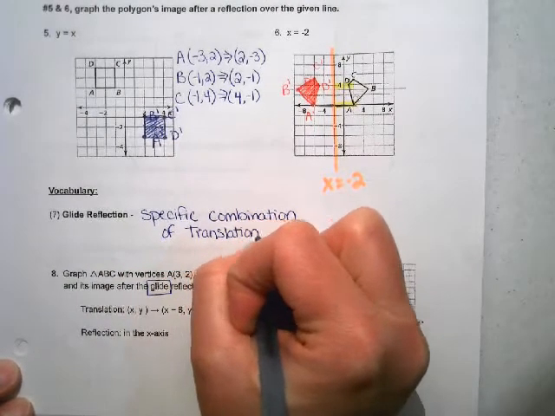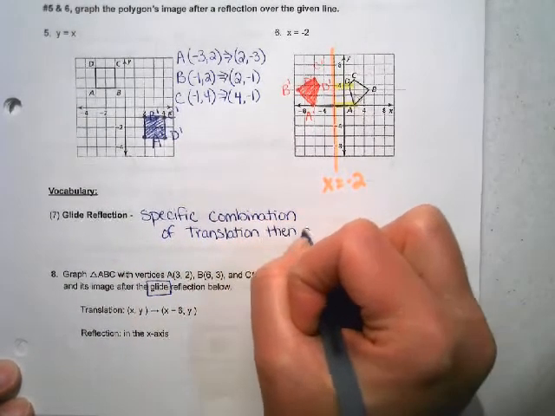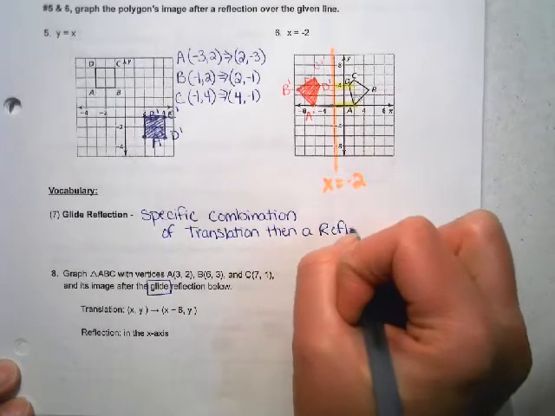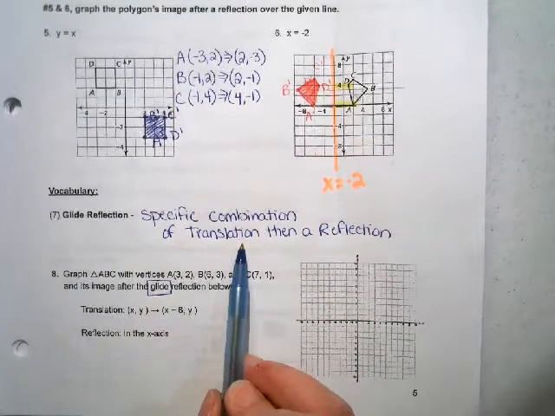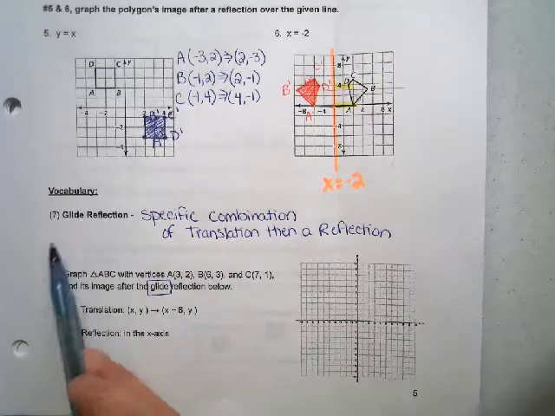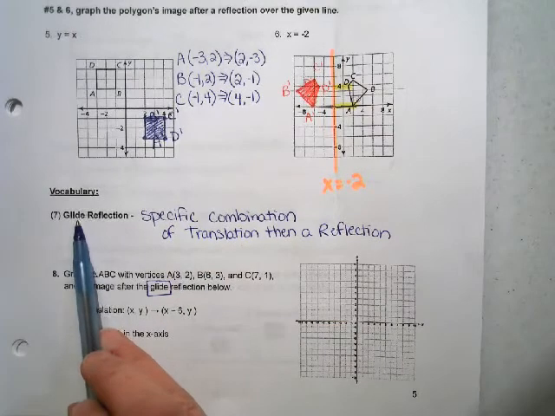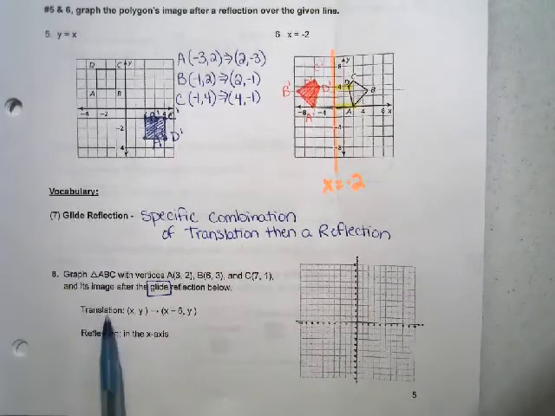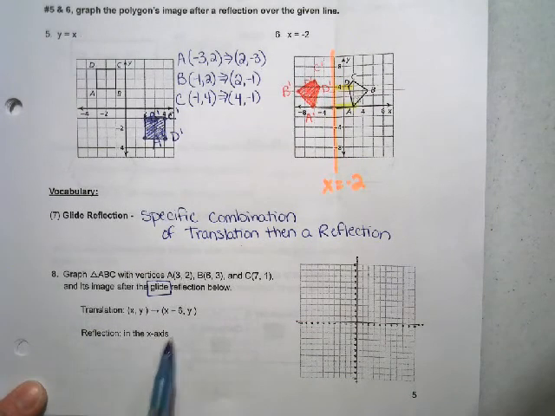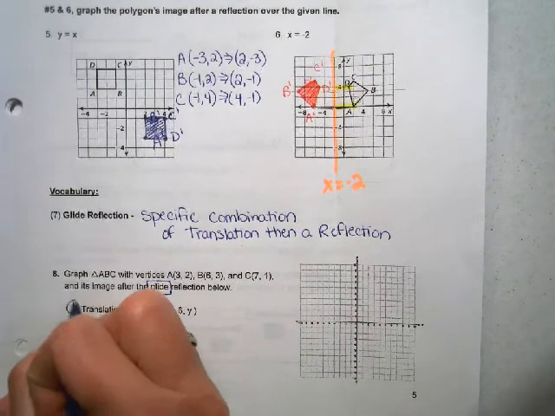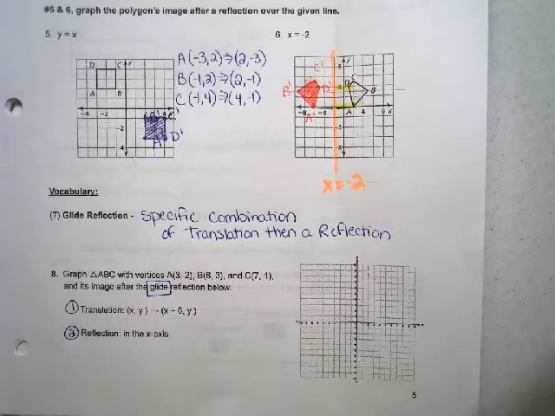This is simply telling you it's 2 specific movements: a translation, then a reflection. A glide always goes in this order, which again, sometimes I even forget exactly what the glide is, but it's not a big deal because they always tell you the 2.